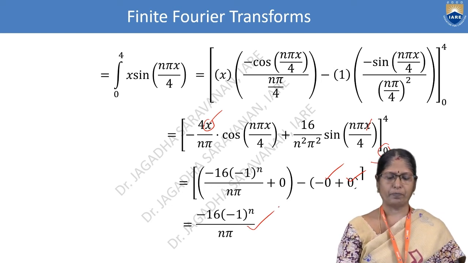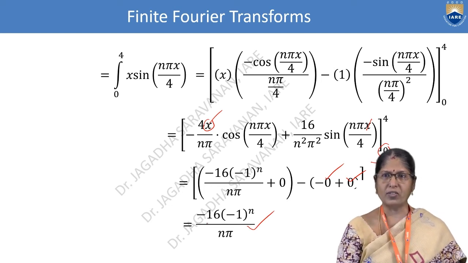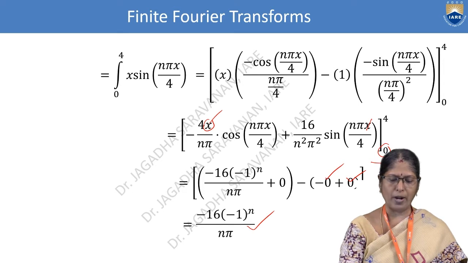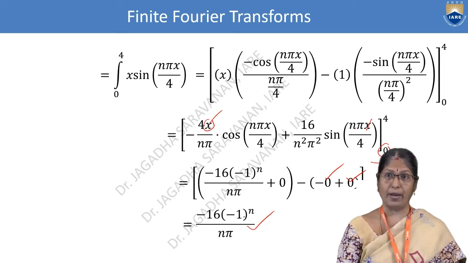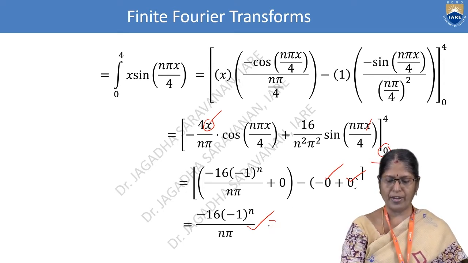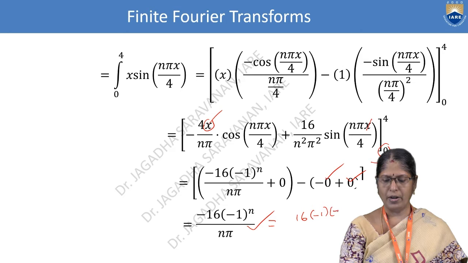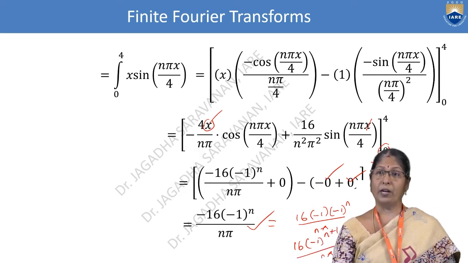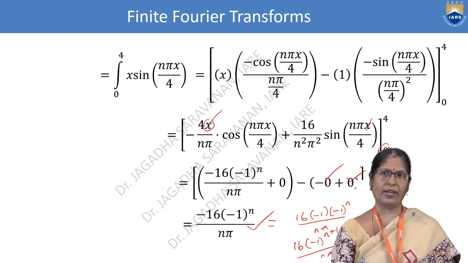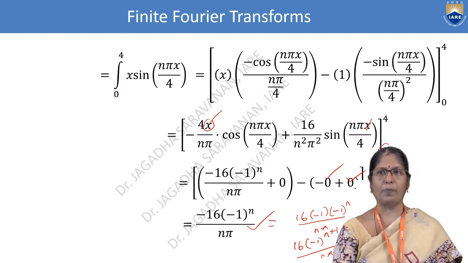We got minus 16 of minus 1 power n by n pi. If more simplification is required, we can write 16 into minus 1 into minus 1 power n by n pi, that is 16 minus 1 power n plus 1 by n pi. We can simplify more if it is possible, otherwise we can stop up to here also.